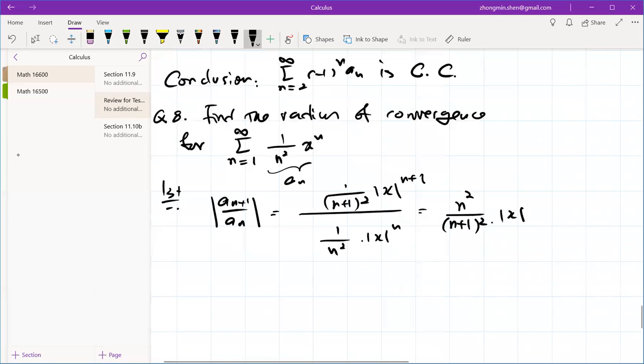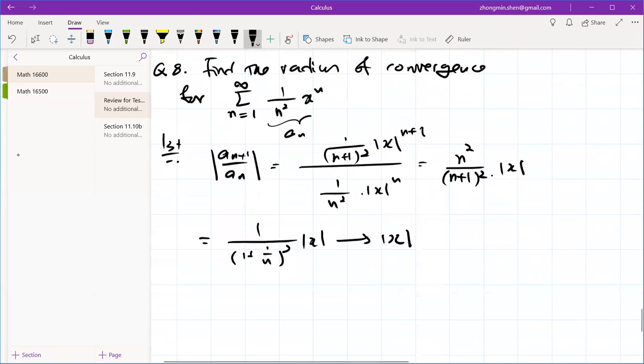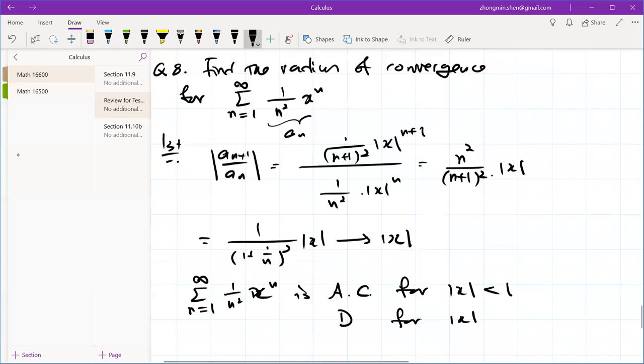Now, if you divide numerator and denominator by n, the limit is just absolute x. Clearly, this series is convergent only when absolute x is less than 1, absolutely convergent for this, and divergent for x greater than 1.